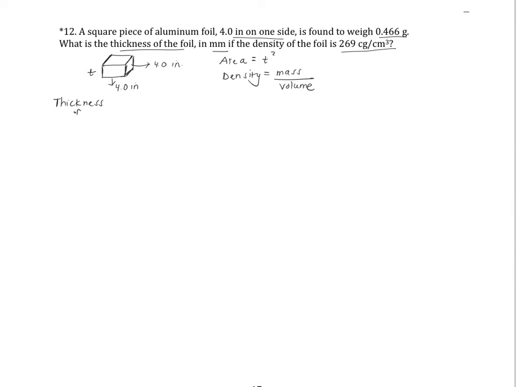Thickness can be determined by taking the volume of the aluminum foil and dividing it by the area of the aluminum square piece.